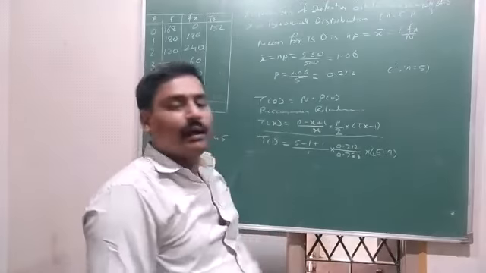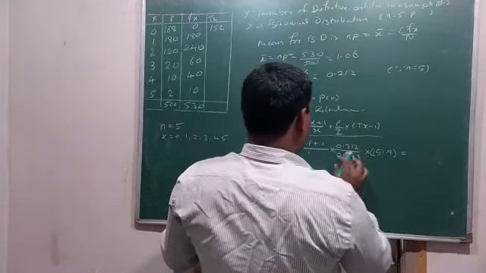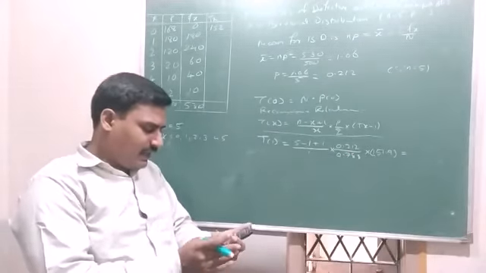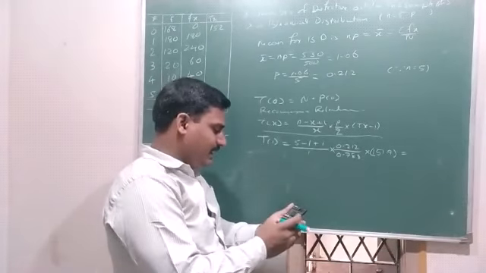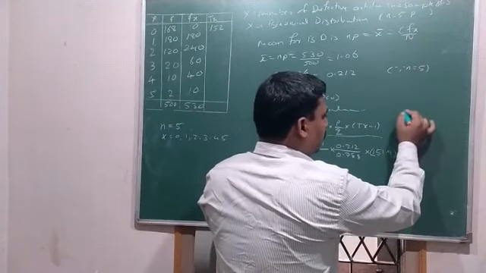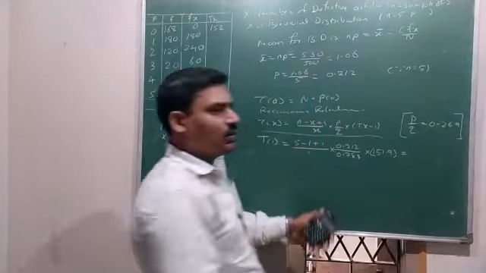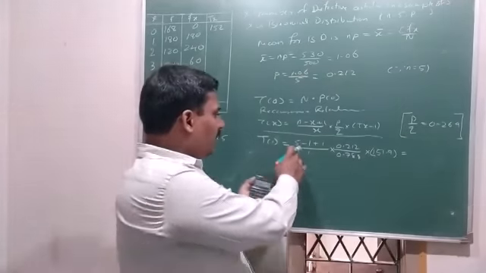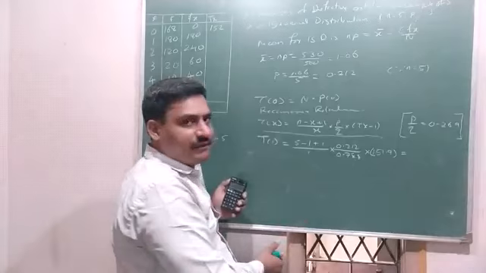Don't take a rounded-off value here. Remember one thing, this value will not change. 0.212 divided by 0.788 is 0.269, P divided by Q. So this value is constant for all recurrence relationships.